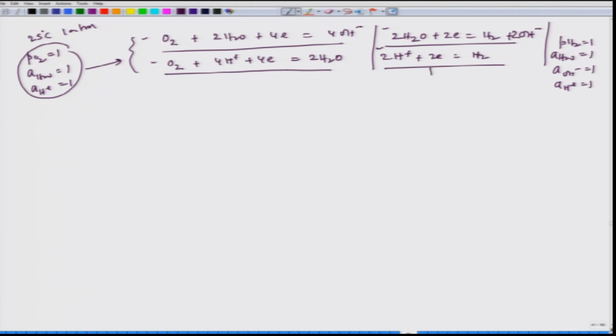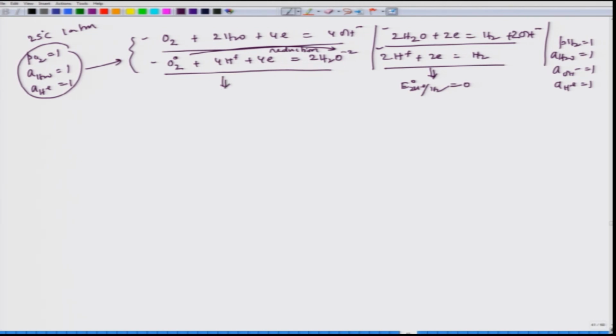We have already seen the standard reduction potential for this. Now, let us calculate one of those oxygen reductions, and you see oxygen has 0 oxidation number and that goes to -2. So, it is basically reduction. So, we have to see this particular situation.